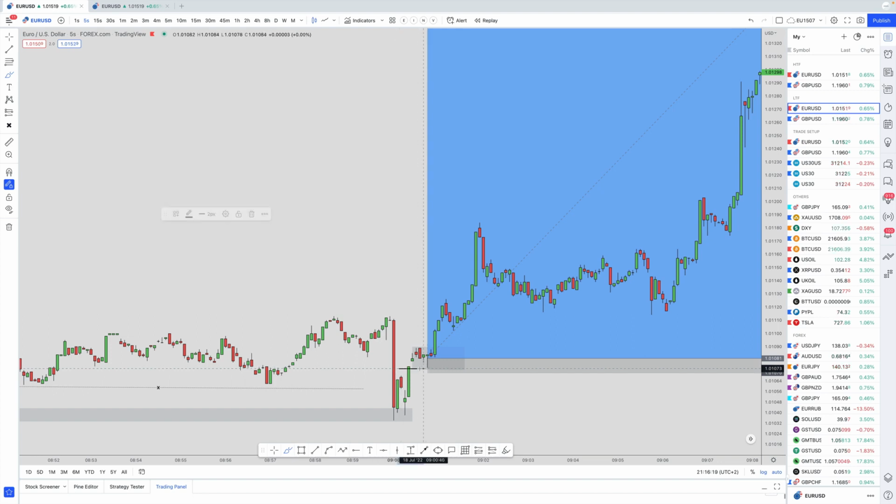I wanted to protect this low, you can see this gap here. I was expecting price to potentially make this move down one more time and then go up higher. That was my expectation, which is why I wanted to protect this low.